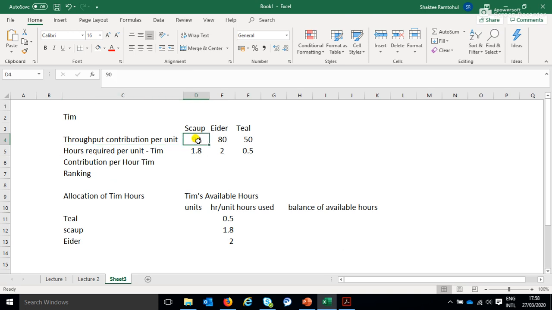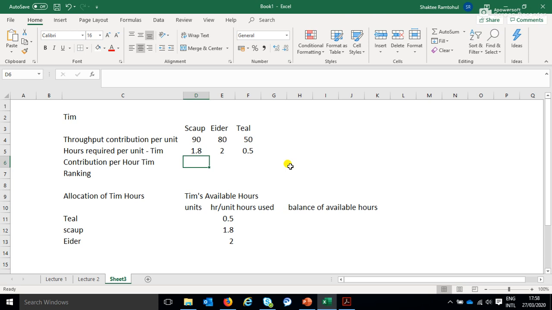So I've put them here. 90 for scalp, 80 for eider, and 50 for teal. And also, each unit of scalp requires 1.8, eider 2, and teal 0.5.